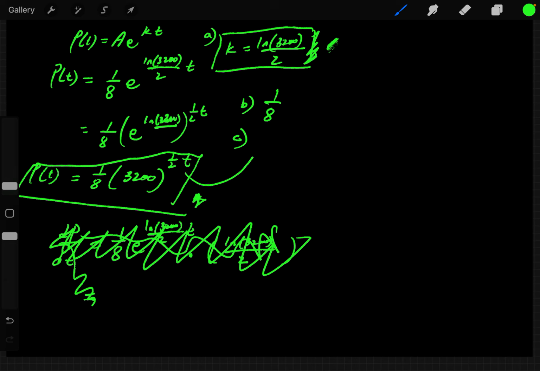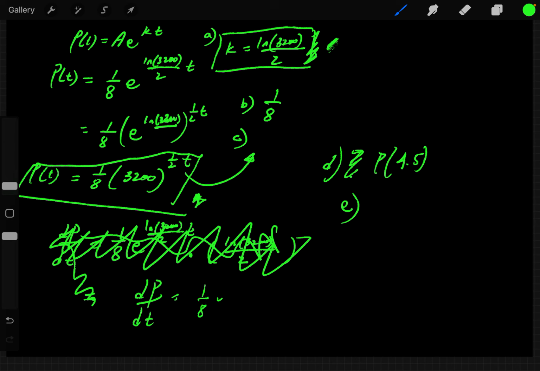This is part C. D, let's leave as a question mark. Let's do it at some other point. E, find the, oh no, it's E. Okay, D is just P of 4.5. And then E is the growth rate after 4.5 hours. So the growth rate after 4.5 hours, dp dt, yeah, I guess it's dp dt.